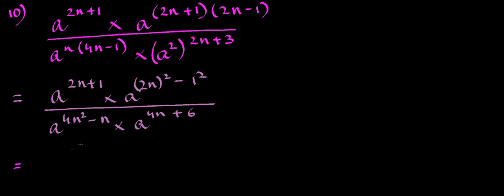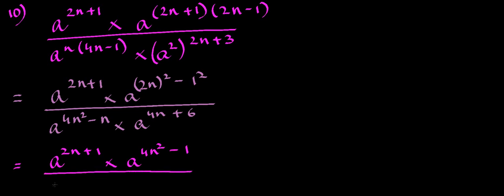That is equal to, what is that equal to? We can further expand this as a raised to 2n plus 1 into a raised to 4n square minus 1 upon a raised to 4n square minus n into a raised to 4n plus 6.